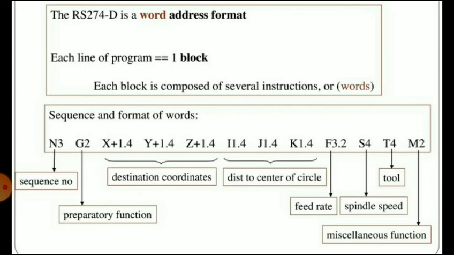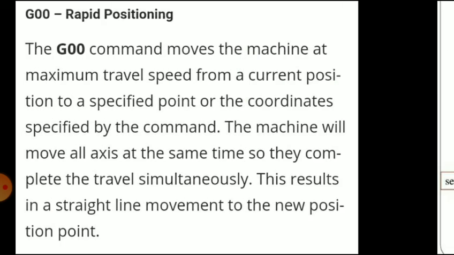Where you have to reach, you have to specify the coordinates of that point at this position. Then I, J, K: for an arc you have to specify the IJK, that is the distance to the center of the circle. Then you have to specify the feed, F3.2 means it is a feed rate, S4 means it is a spindle speed, then T4 means it is a tool number, and M2 means it is a miscellaneous function.